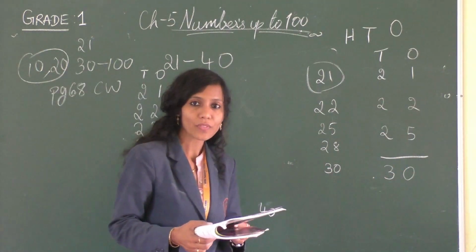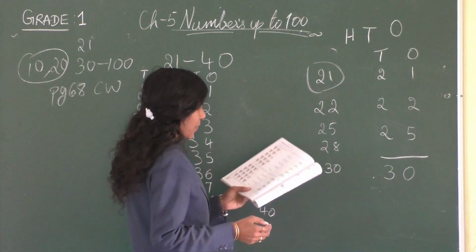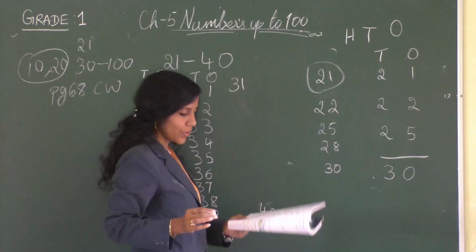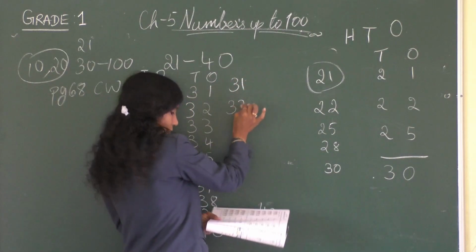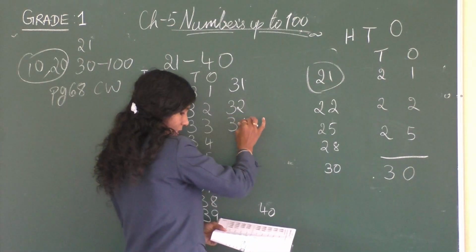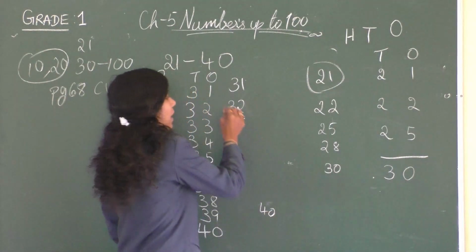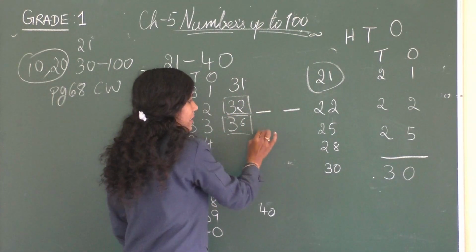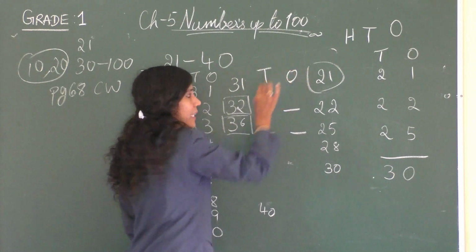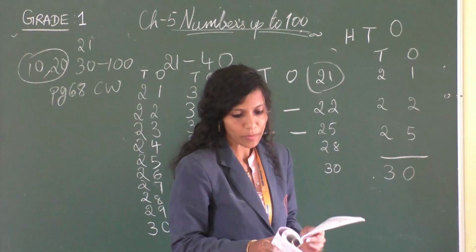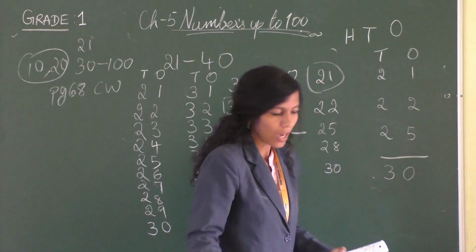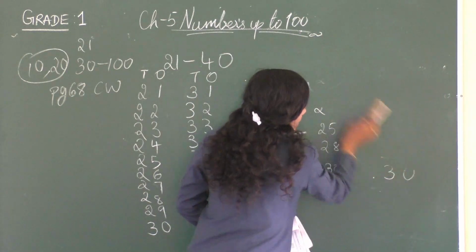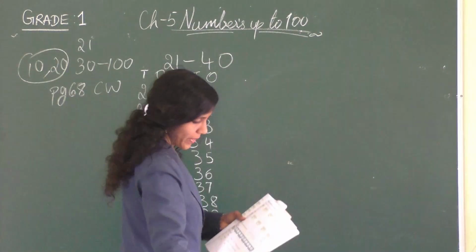Next below we have 31, 32, 36 and 40. 31 they have done for you. 32 and 36, these 2 numbers you have to bifurcate and write under tens and ones. This will be your classwork you have to do. Now going to page number 69.